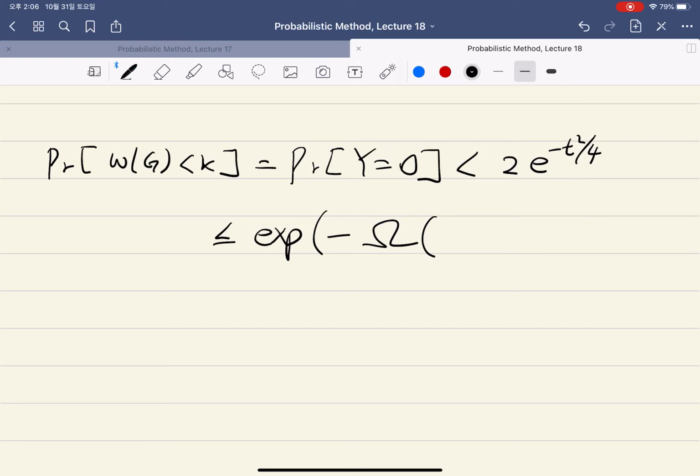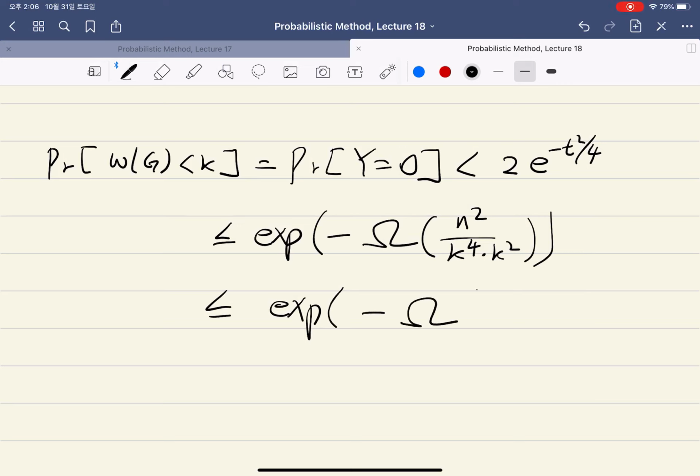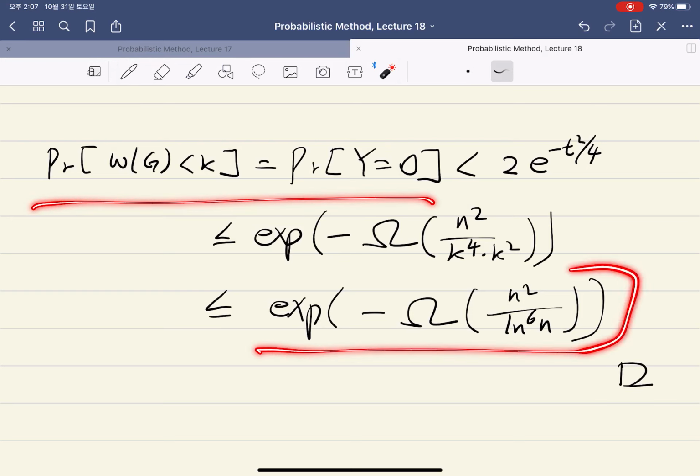We take the square root, so n over k squared, and then you put another k to the third. Give me a moment. T is that you take the square, n squared over k to the 4, and then because you squared, you put k squared over 4, which is roughly n squared over log to the 6 n. So you get an inequality with a smaller function here.